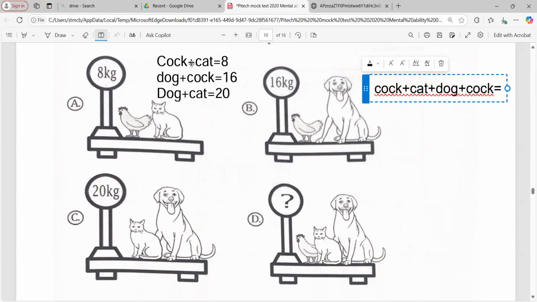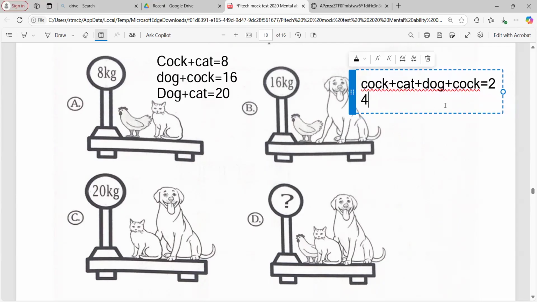Because we added all four of them, this plus this equals 8, this plus this equals 16, so I add the 8 and the 16 to give me a total of 24.